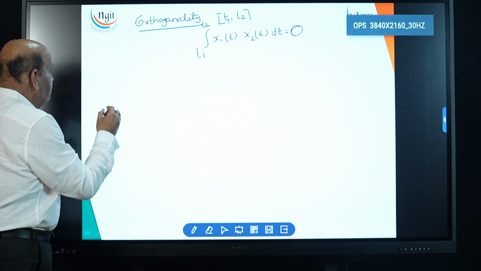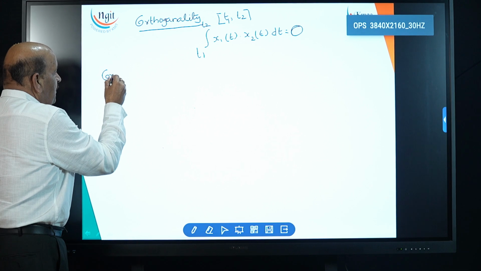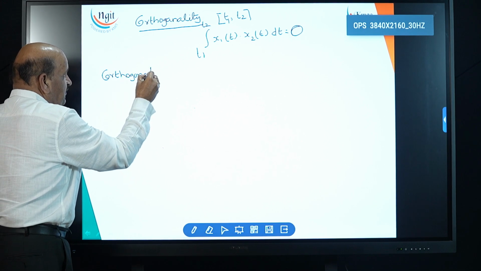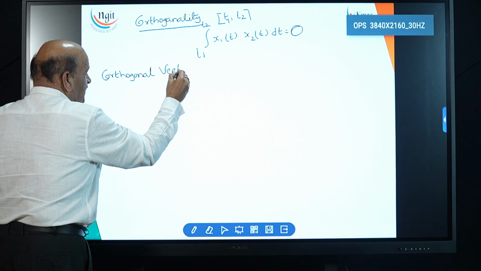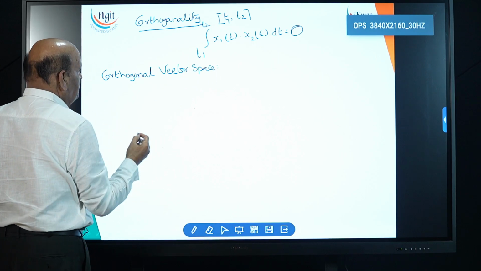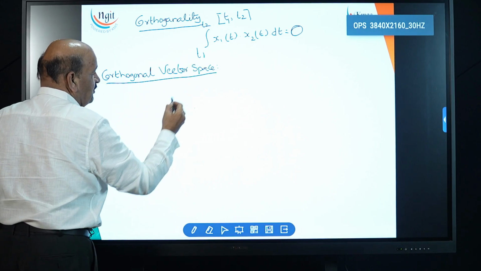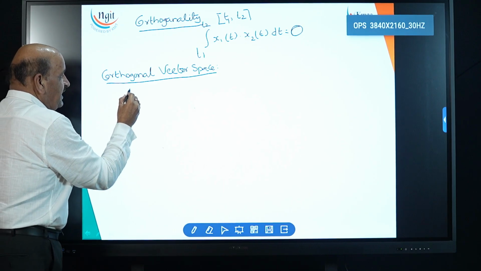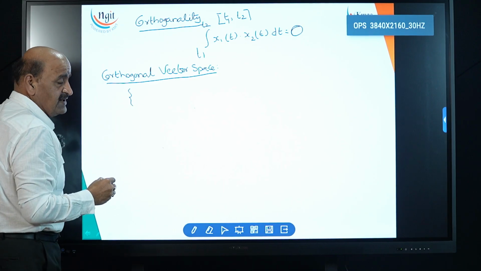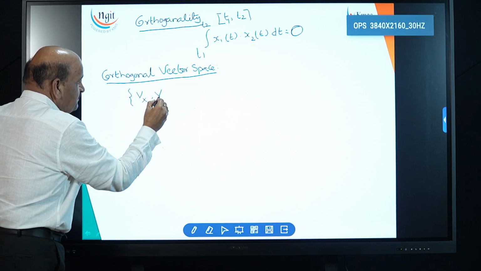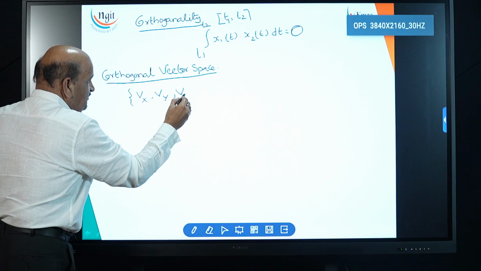Now, what is an orthogonal vector space? For example, just look at this, this is an orthogonal vector space. Let us consider the three-dimensional axis, xyz axis, which contains the vectors vx, vy, vz.